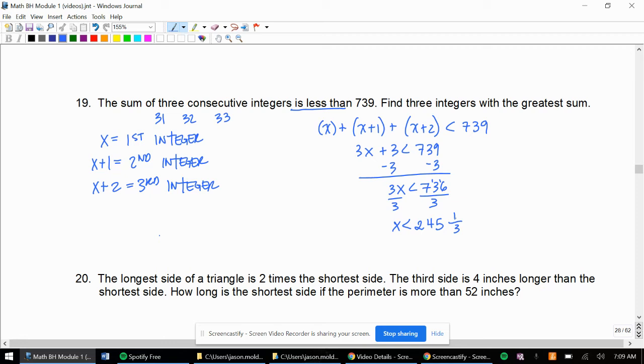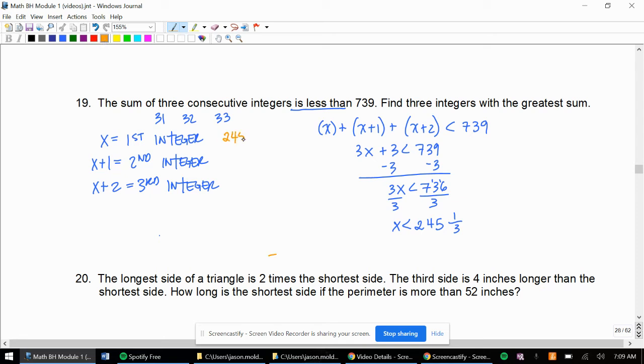And what we need to do, and once we have some answers, we can check how we got this. We want to find three integers with the greatest sum. So I want to pick the largest integer that satisfies this inequality. The largest integer that satisfies this would be, 246 wouldn't work, 245.